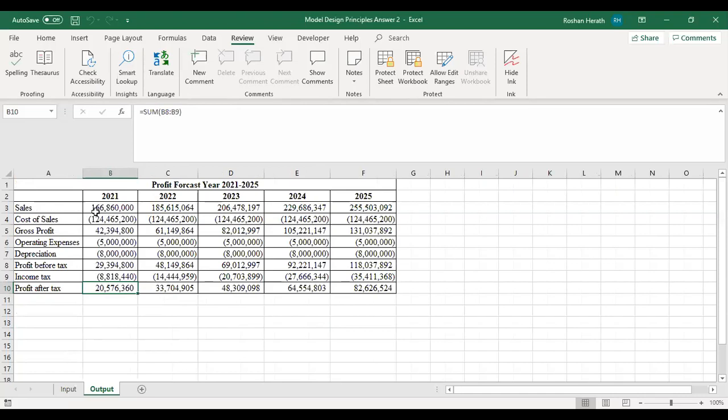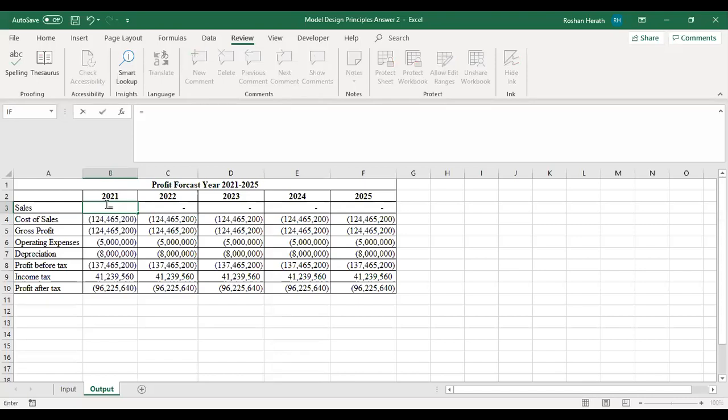Just to show you one, let's take this sales. When we are getting these sales, let me delete it. When I'm doing that, you would take the equal sign and then go to the inputs.